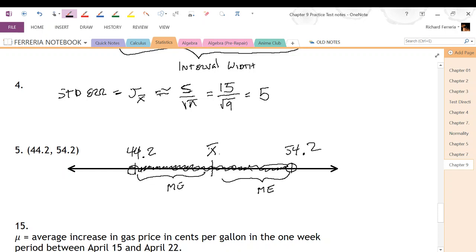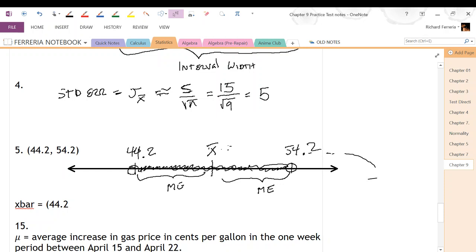So if I do 54.2 plus 44.2, that's 98.4. 98.4 divided by 2 is 49.2, I think. So x bar should be 49.2.